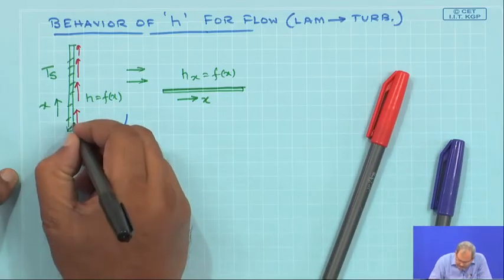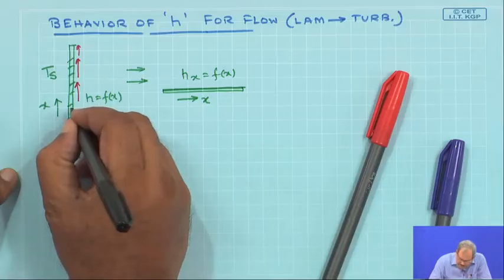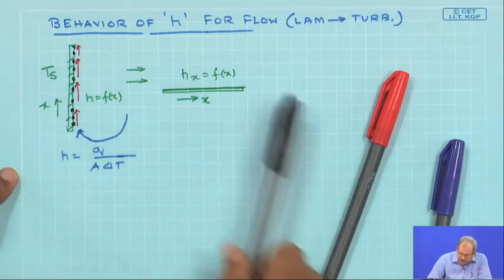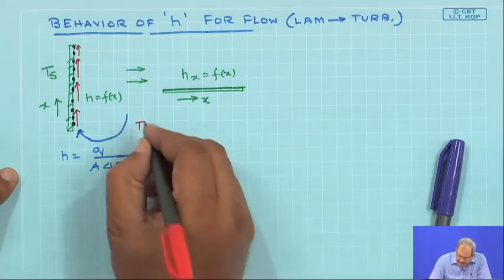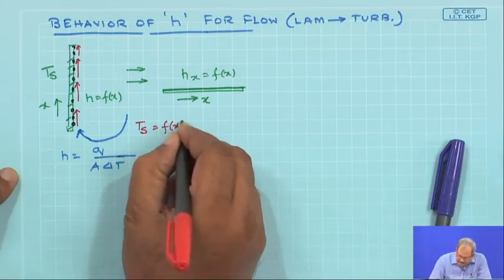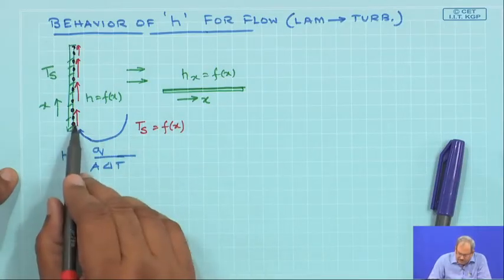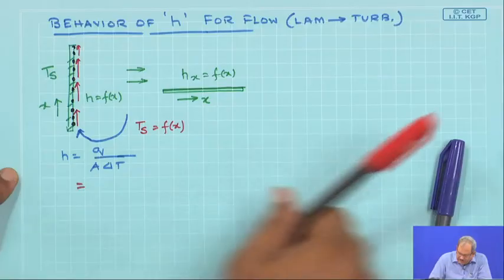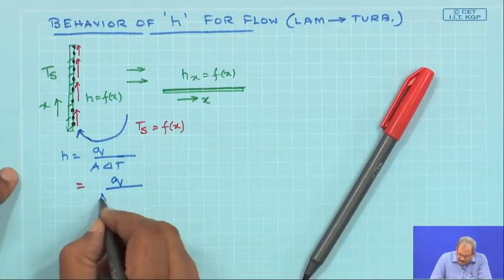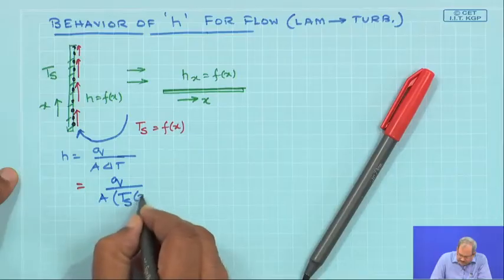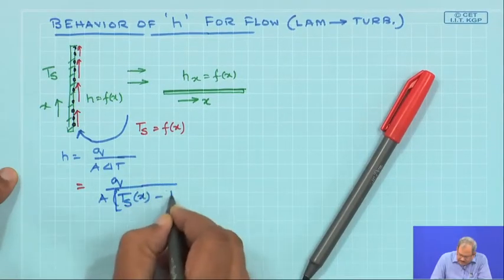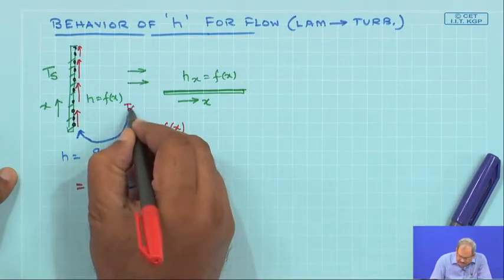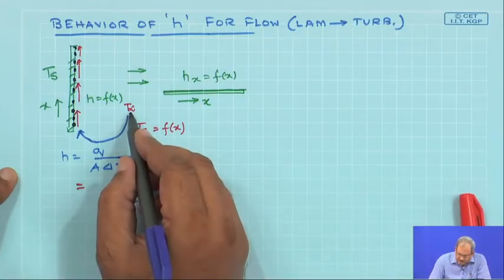Now, if you have thermocouples embedded on the plate, these thermocouples would give you the temperature Ts as a function of x, the local temperature along the plate. So, delta T would simply be equal to Ts(x) minus T infinity, where T infinity is the constant temperature of the fluid surrounding it.